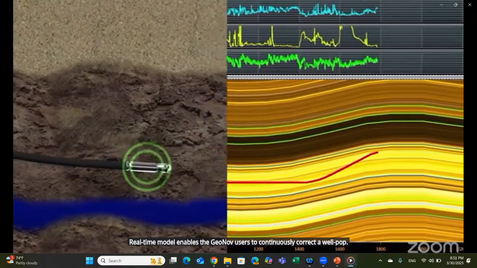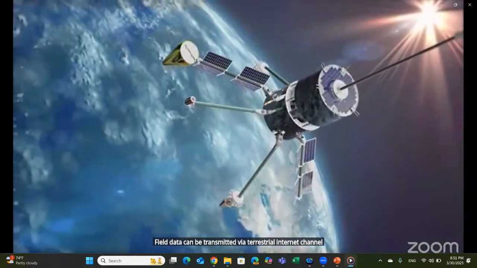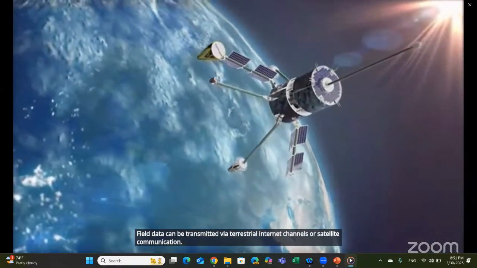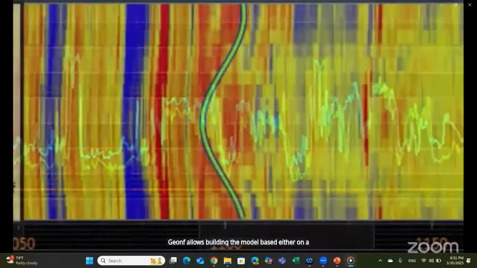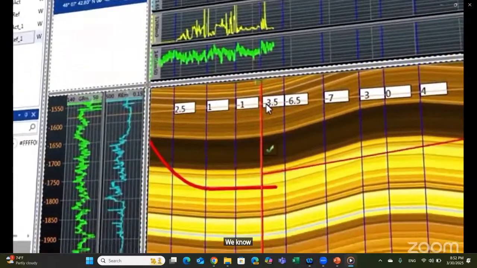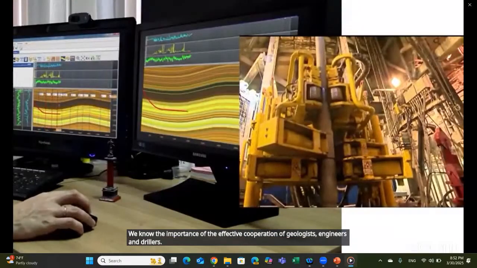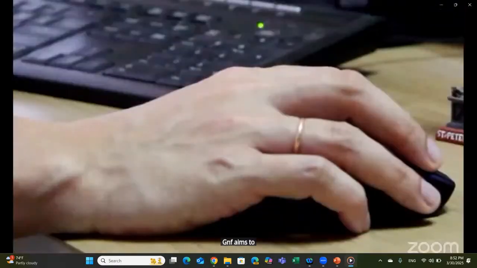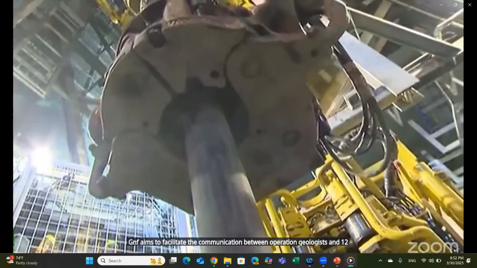Field data can be transmitted via terrestrial internet channels or satellite communication. GeoNav allows building the model based either on a very simple set of log data or on images. We know the importance of the effective cooperation of geologists, engineers, and drillers. GeoNav aims to facilitate the communication between operation geologists and drill crew to ensure outstanding results.